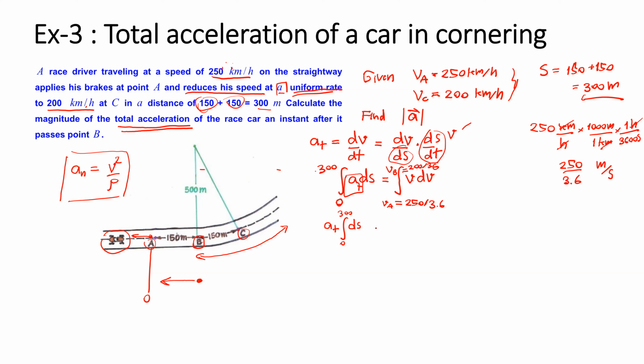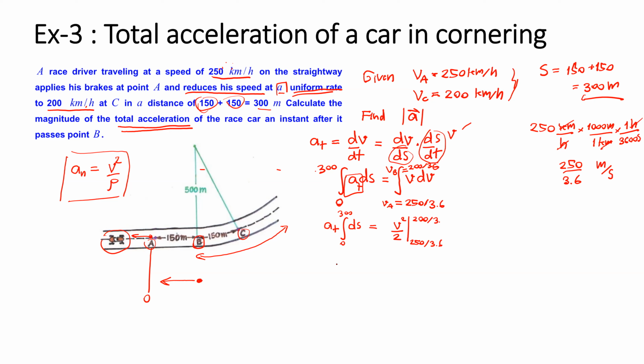And on the right hand side, the integration of v dv is v squared per 2. And the limit of the integration is from 250 divided by 3.6 to 200 divided by 3.6.